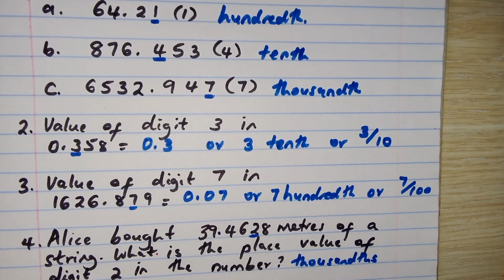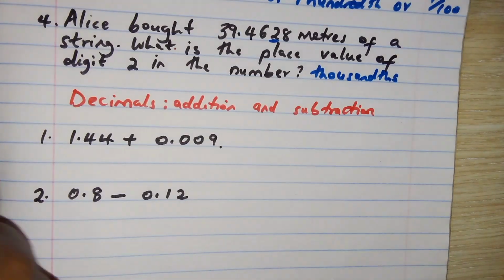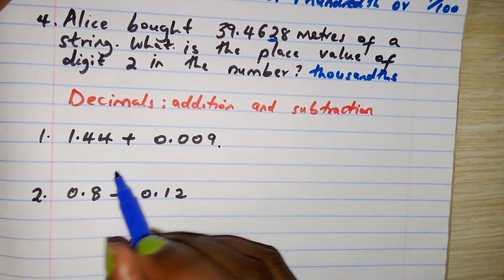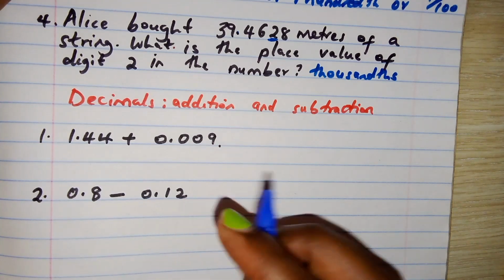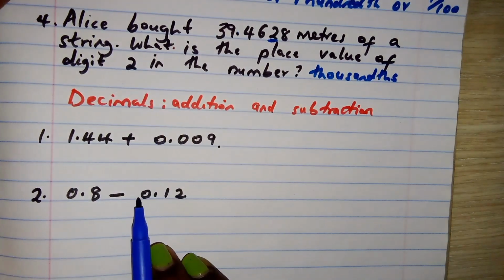We can move on to the next subtopic, addition and subtraction. Addition and subtraction have some rules. You have to add or subtract using the column method, and the decimal points have to be on one vertical line.